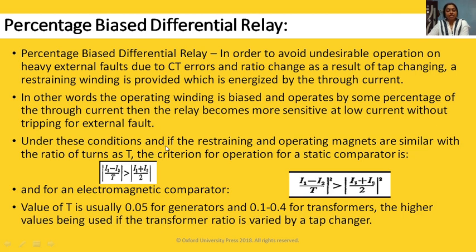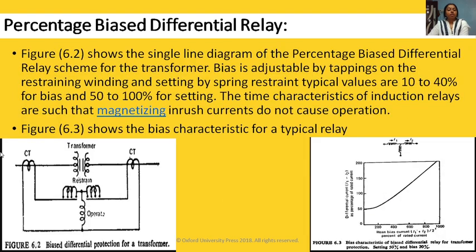Under this condition, if the restraining and operating magnets are similar with the ratio of turns as T, the criterion for operation of a static comparator is this, and for an electromagnetic comparator this is squared. Here T is usually 0.4 for generators and 0.1 to 0.4 for transformers. Now this you know.